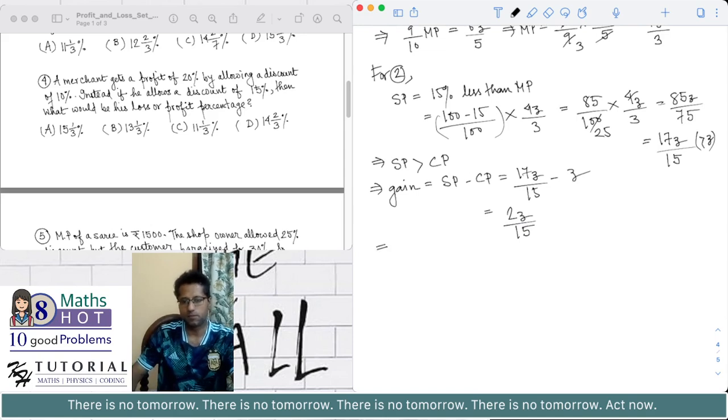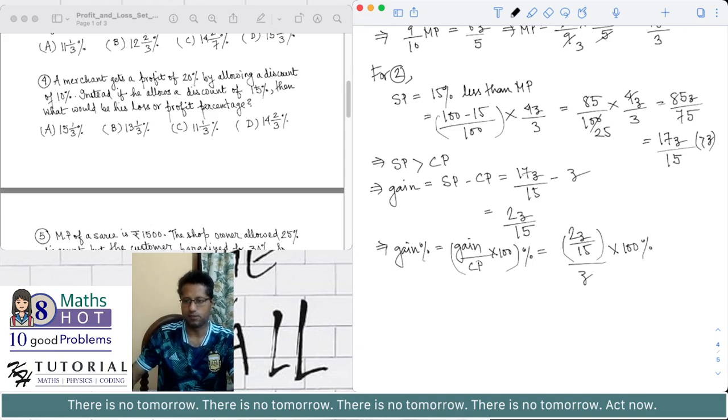So this implies gain percent is equal to gain divided by CP multiplied by 100, this much percentage. This is equal to gain is 2Z by 15, cost price is Z, and this multiplied by 100 percentage.